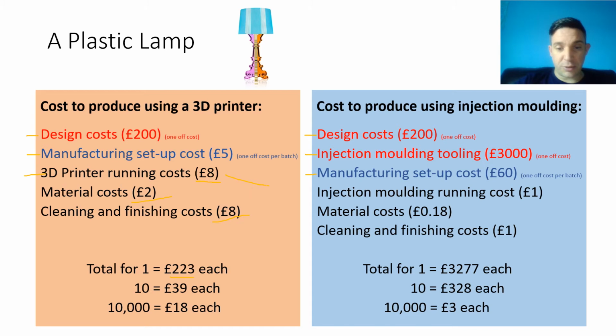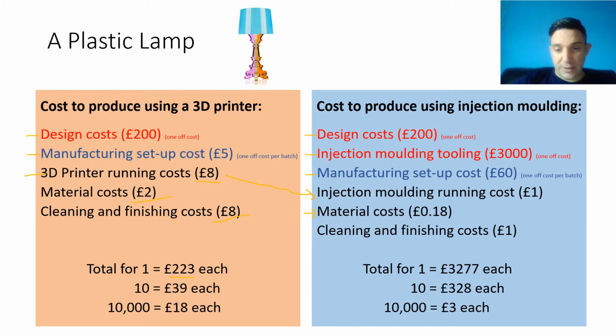Now if we go over to our injection mold, the injection mold running cost is a lot less because it's a quicker process than the 3D printing, so that's only going to cost us £1. And again, material cost, there's less material. It's a different type of material, so we buy it in a raw format, whereas the 3D printer raw material costs are going to come on a spool. So we're adding a process for that plastic, which is going to increase the cost.